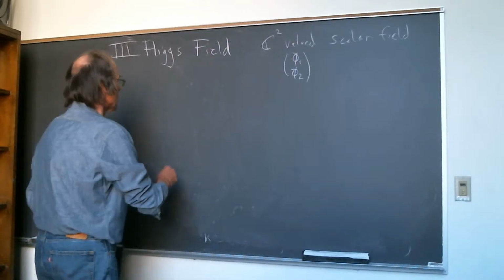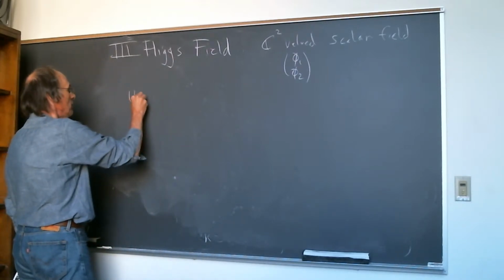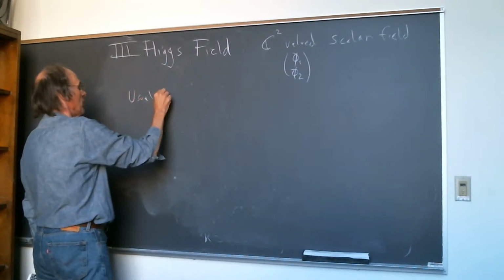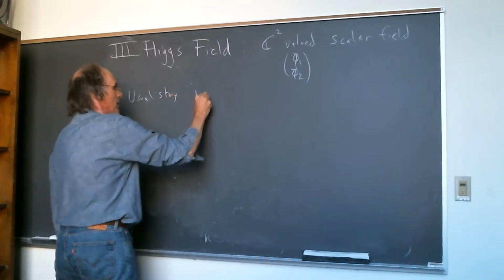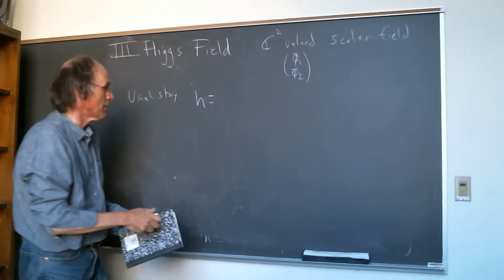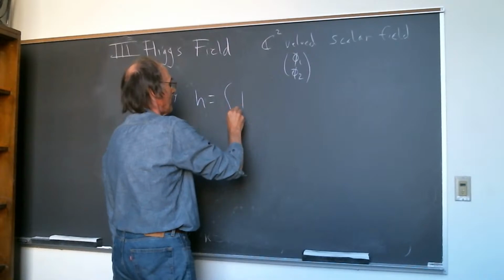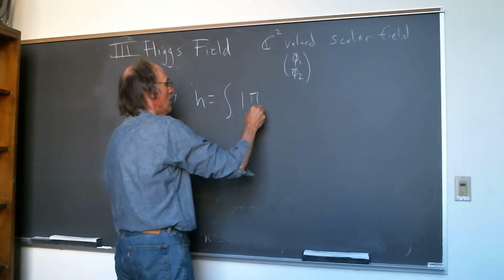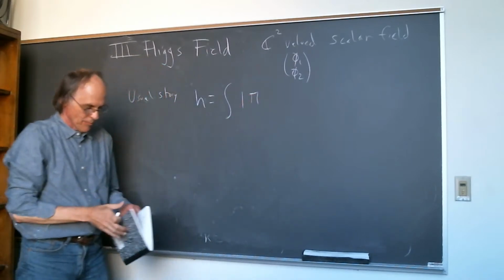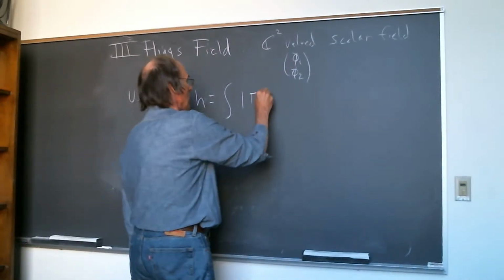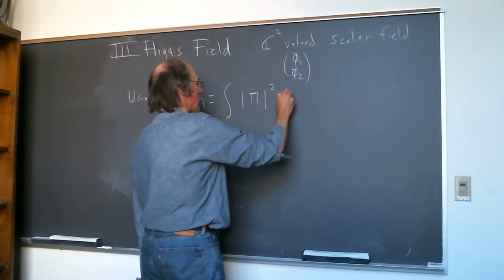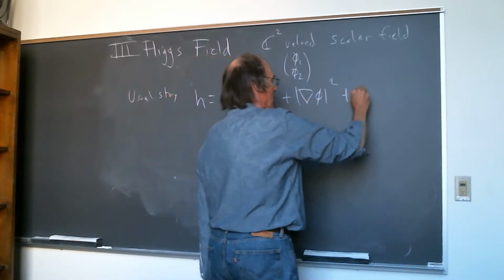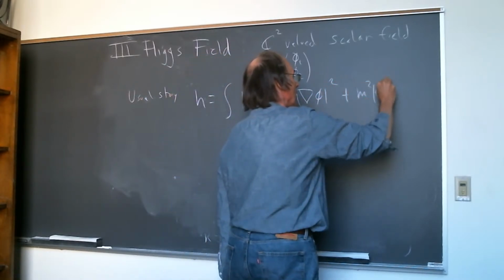And normally, remember the usual story. You took the Hamiltonian to be the integral of the corresponding momentum to these guys, pi squared, and then you've got a grad phi squared, and then you've got an m squared phi squared.